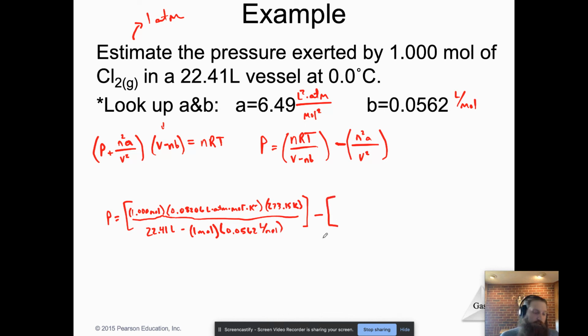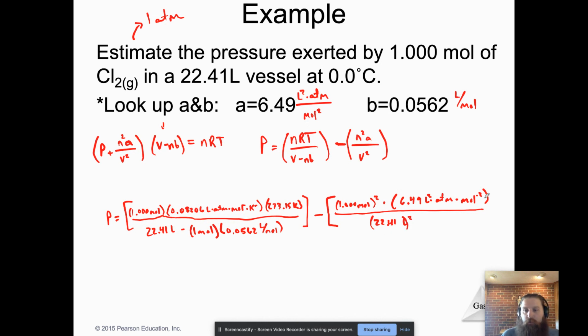Minus, another square bracket, 1.000 moles squared, times A, which is up there at the top, 6.49 liters squared times atmospheres times mole to the negative 2, over 22.41 liters squared.